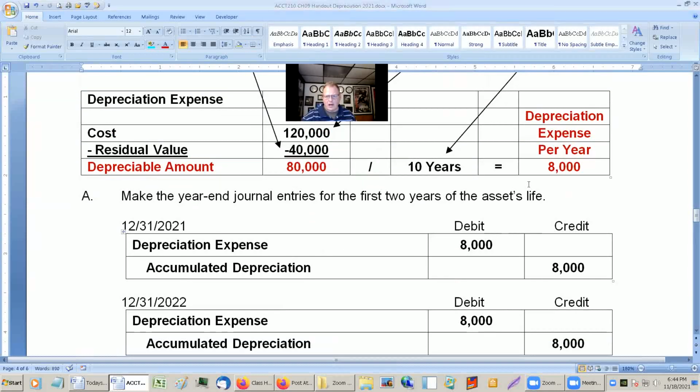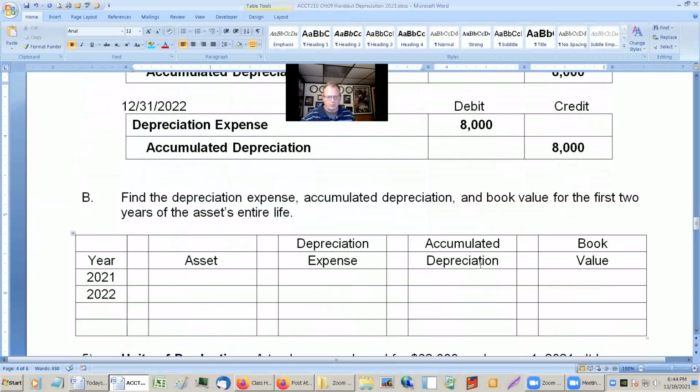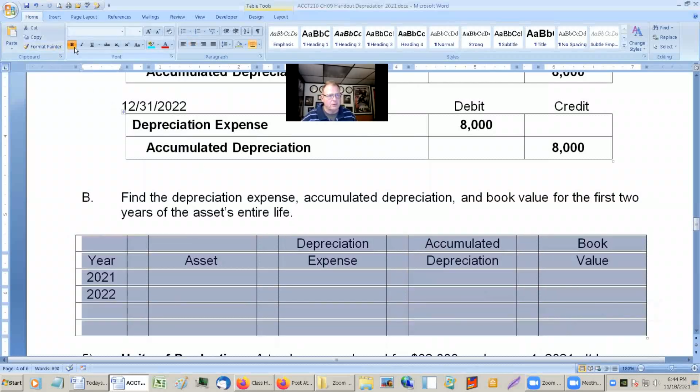Okay, I think you should have gotten 8,000 per year. So far it looked like this. Coming down here, asset cost 120,000.